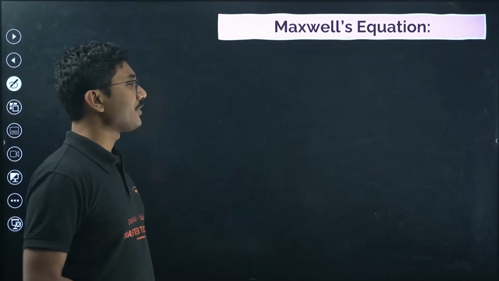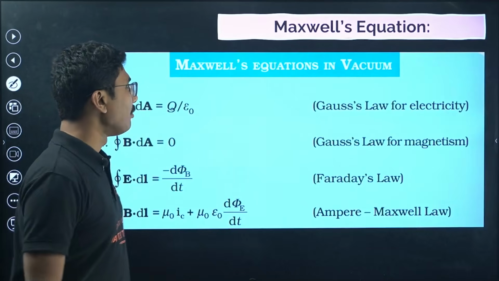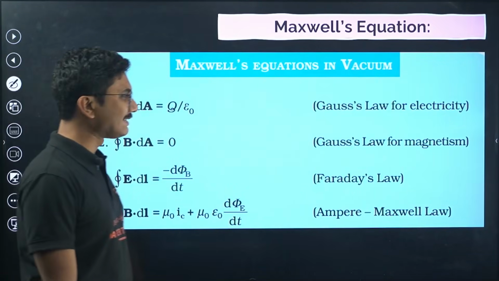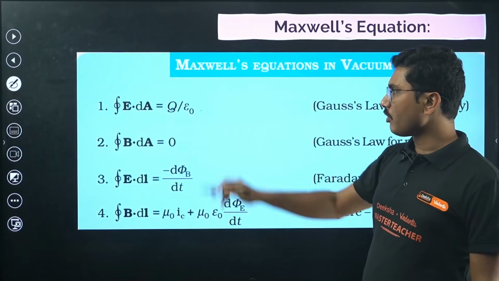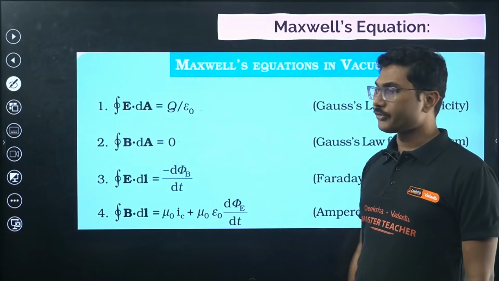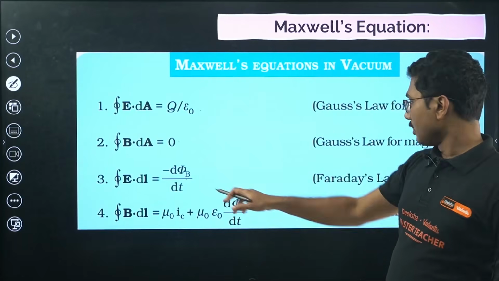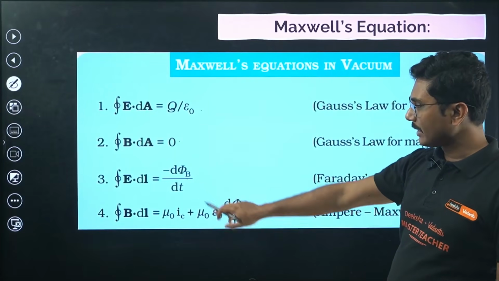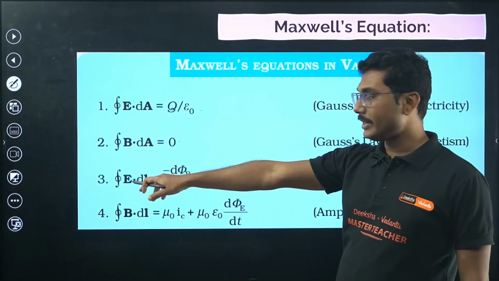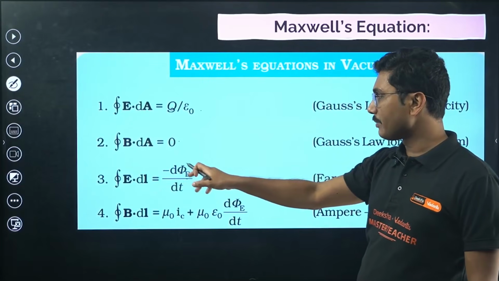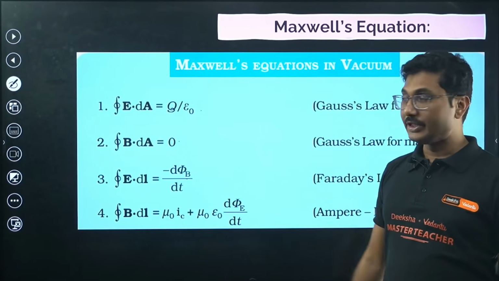Now, Maxwell's equations. After this Maxwell goes even further and he combined four already existing equations, namely this is the form of Gauss's law, this is the form of Gauss's law of magnetism, this is Faraday's law. Faraday says epsilon equals d phi by dt, but epsilon can be calculated as the integration of E dot dl.